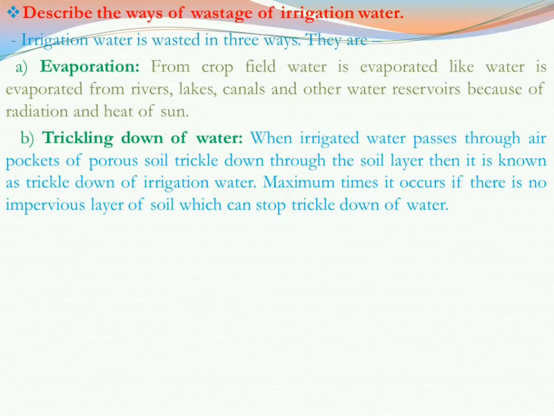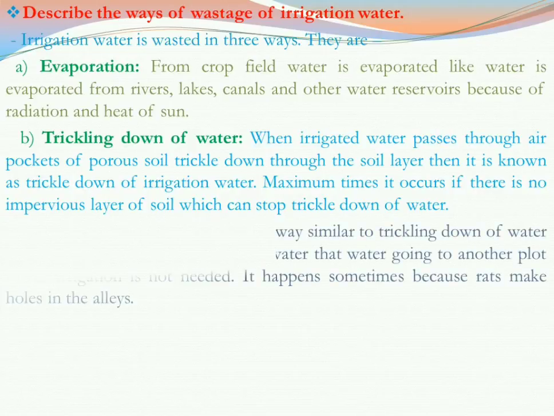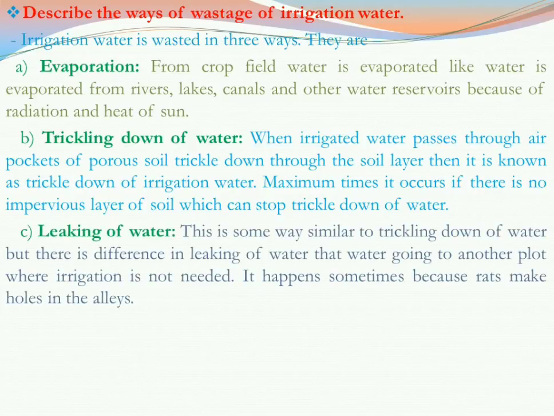Now last but not least, that is leaking of water. This is actually the same process as trickling, but in trickling down the water goes downward, and in leaking of water it goes sideways to another plot, and if that plot does not need irrigation, the water still goes through that plot.